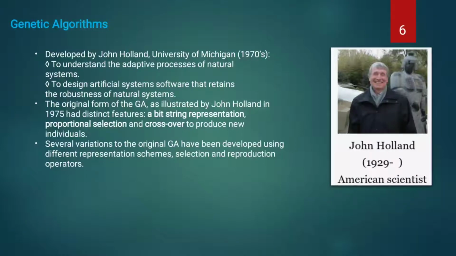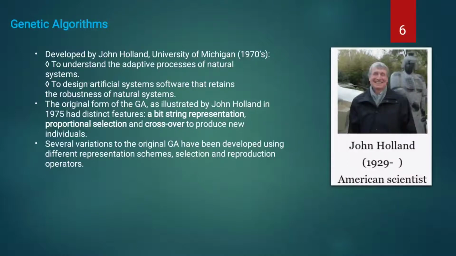The original form of GA, as illustrated by John Holland in 1975, has distinct features: a bit-string representation, proportional selection, and crossover to produce new individuals.